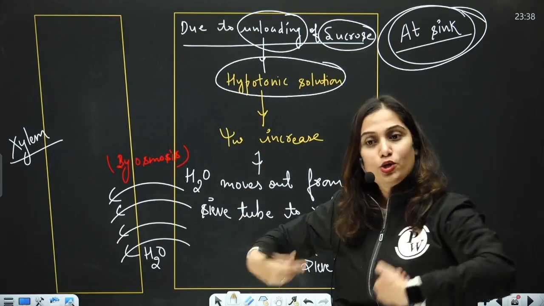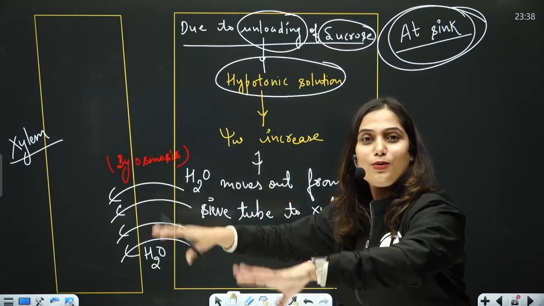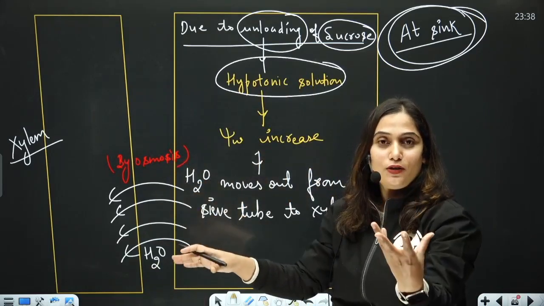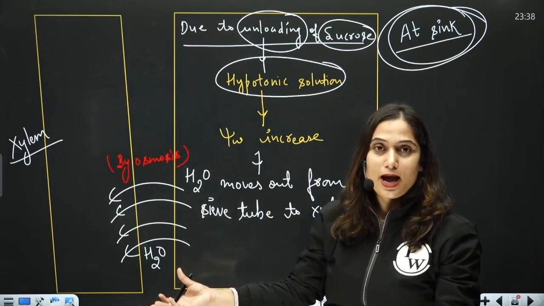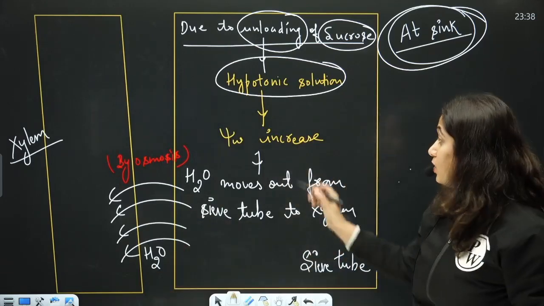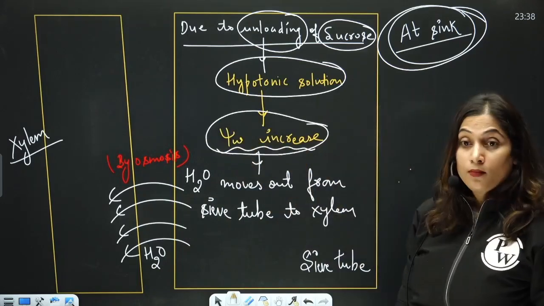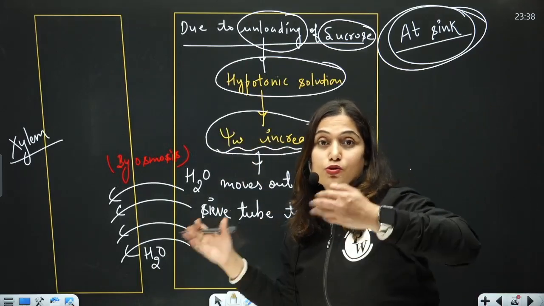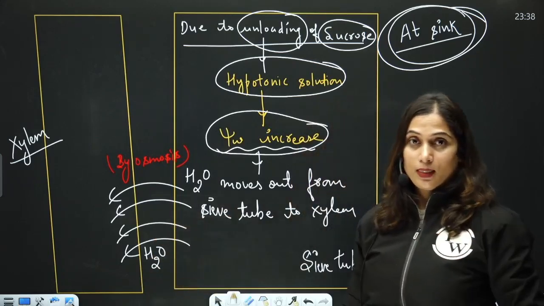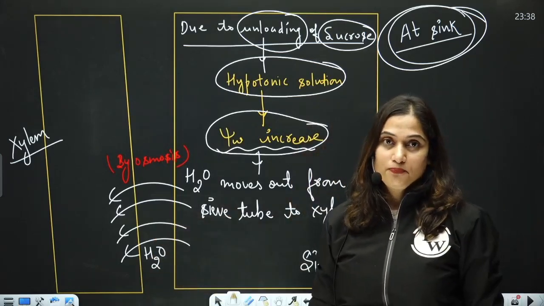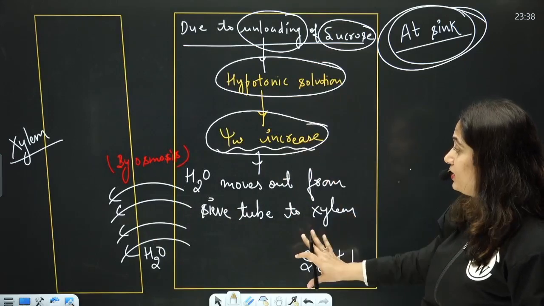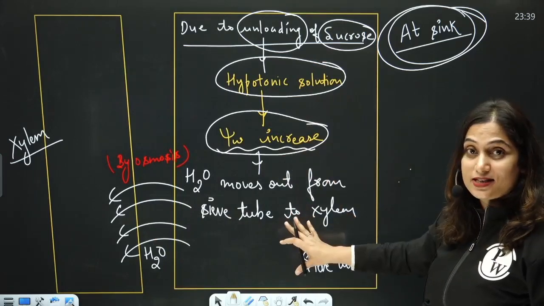Hypotonic means sucrose, sugar has gone out. So the concentration of the solution got reduced and it has become a hypotonic solution, and the water potential inside the sieve tube increased. Why? Because sucrose went out.